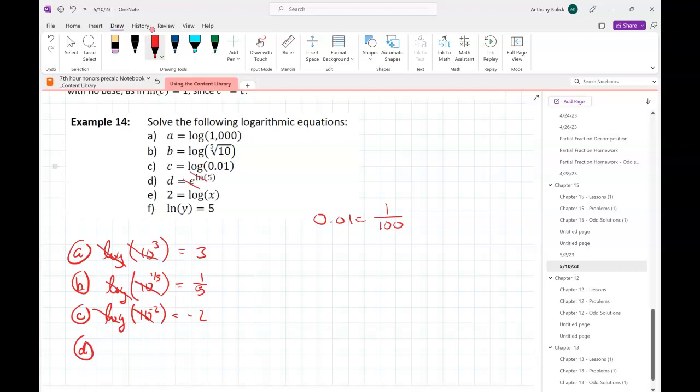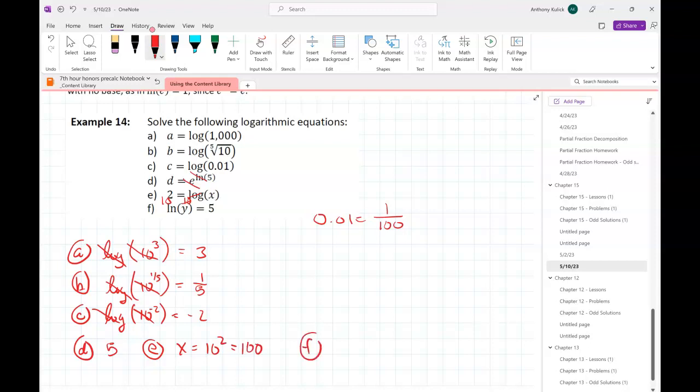Very good. Exponent base e cancels with log base e. We just have 5. How about E? We're going to use exponent base 10 to cancel the log base 10. So x is 10 squared, or 100.